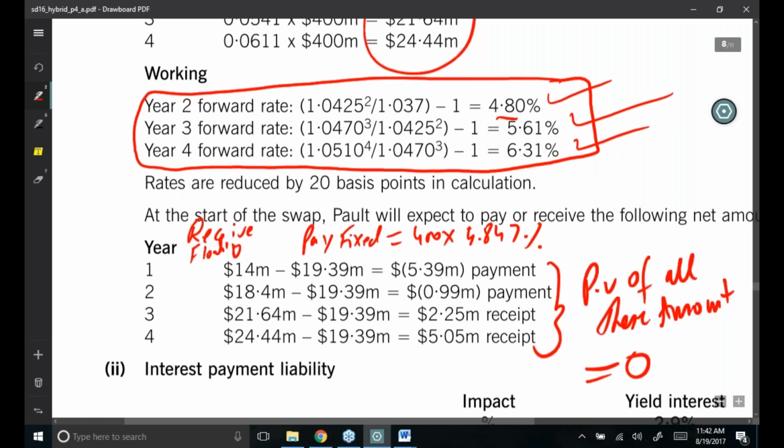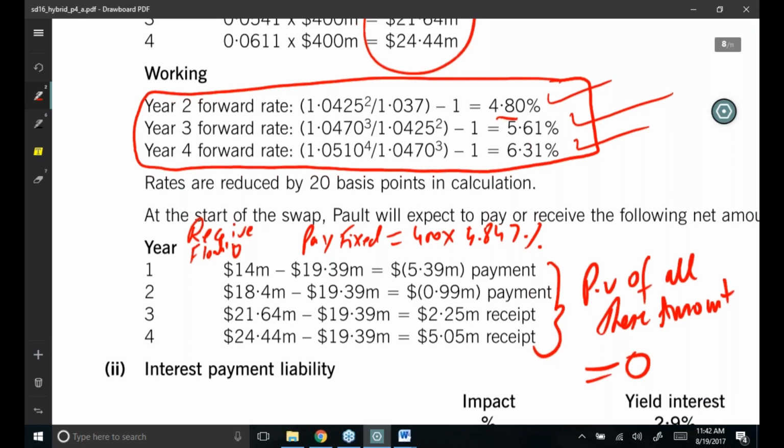In the first 2 years, you are receiving less but paying more. In the 3rd and 4th year, you are receiving more compared to the payments. Its total will not be equal to 0 because these are not present values. But if you take the present value at the spot yield, your answer will be 0.